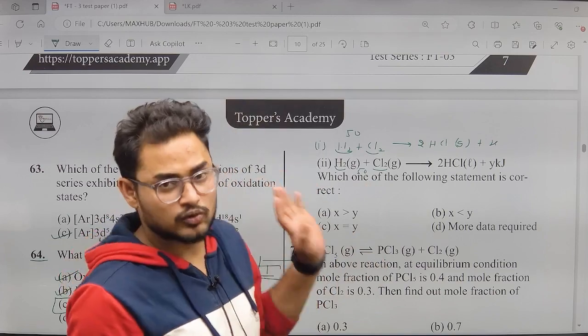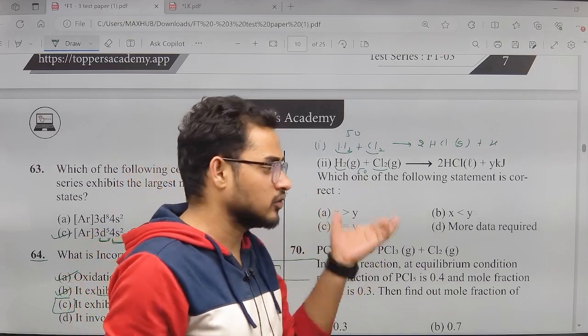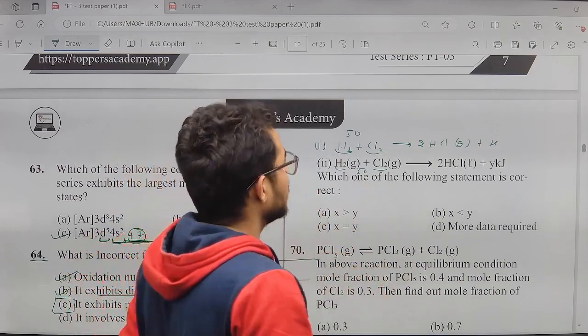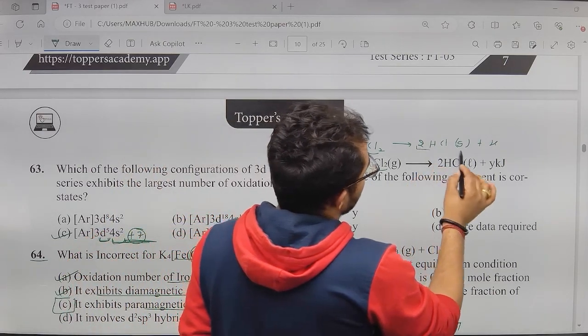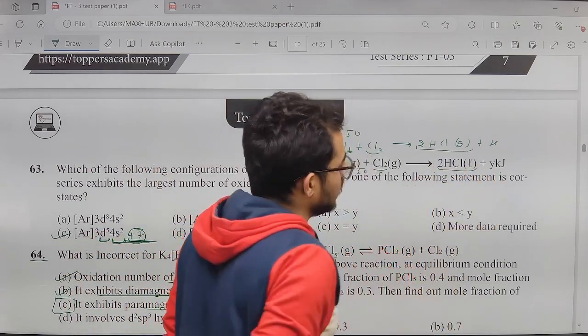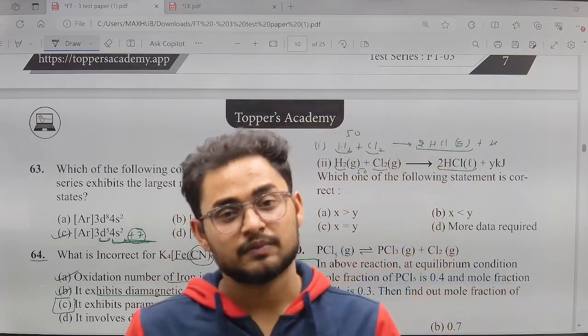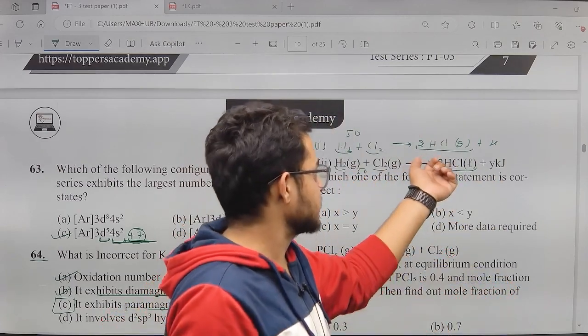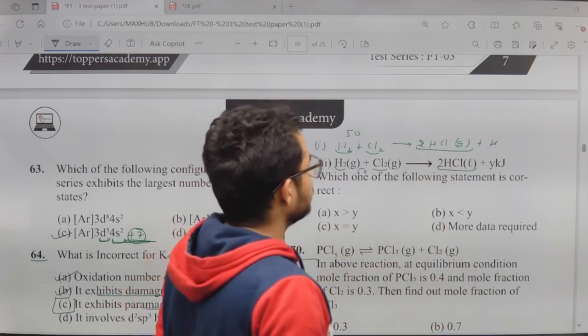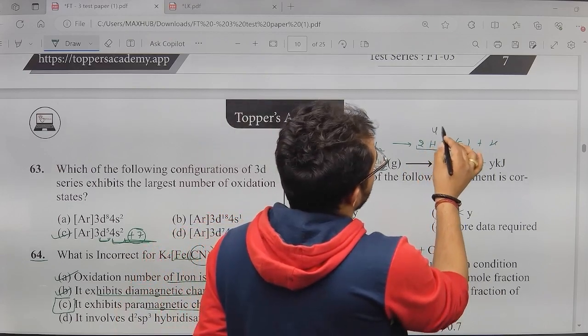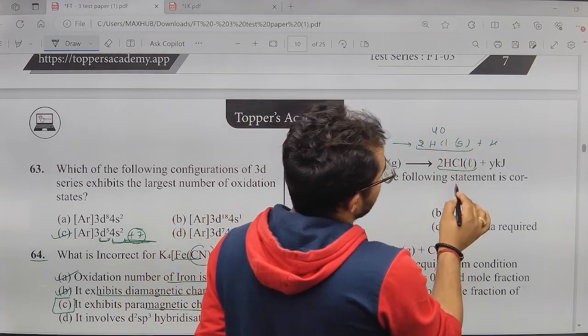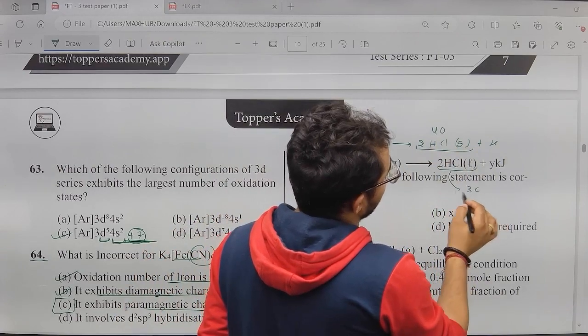The left hand side of both equations is the same, but on the right hand side, what is the energy of 2HCl liquid or 2HCl gas? HCl is present in both cases, but in the first case it is present in the gaseous state. So suppose I take 40 unit energy for the gaseous state, and for the liquid state I take roughly 30 unit energy.